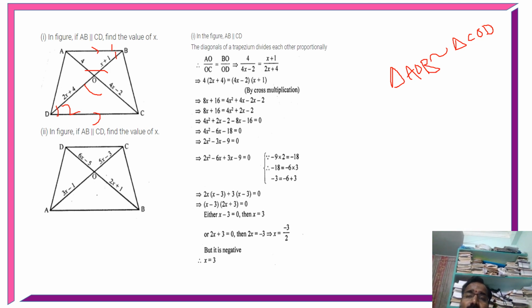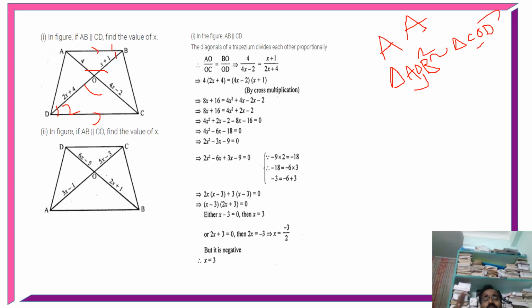When vertically opposite angles are equal and alternate interior angles are equal, by CPST, AO by OC equals OB by OD. CPST means corresponding sides of similar triangles. Here we know it is 4 by 4x minus 2 equals x plus 1 by 2x plus 4.